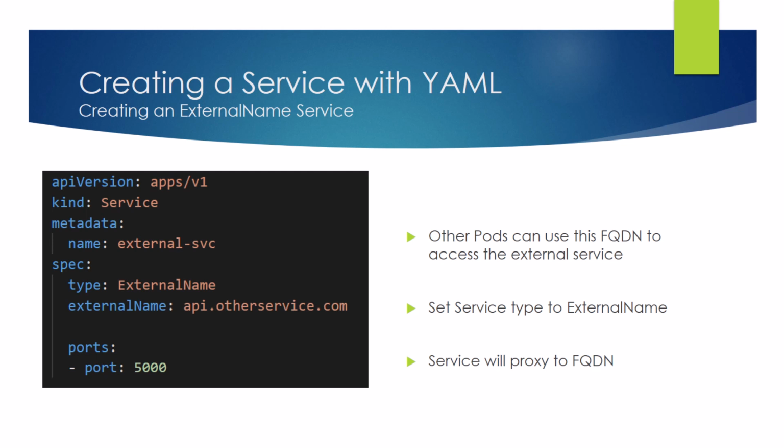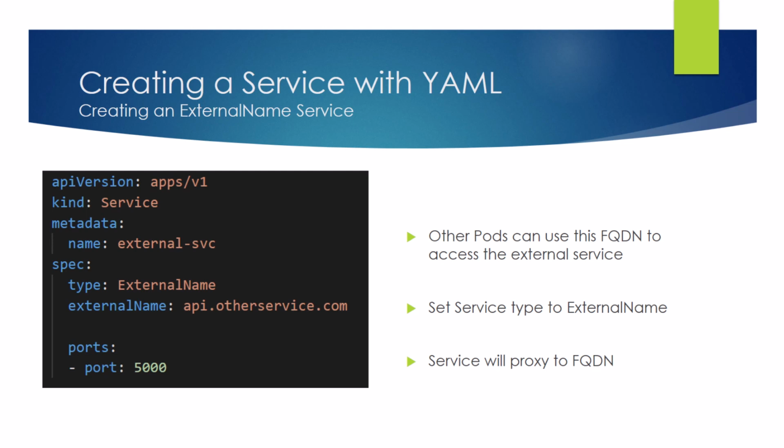That way all we will have to do is update this YAML if api.otherservice.com ever changes. Very nice, because it keeps it very clean. And then again you also notice a port here. So when the pods call into this, it would be external SVC port 5000.